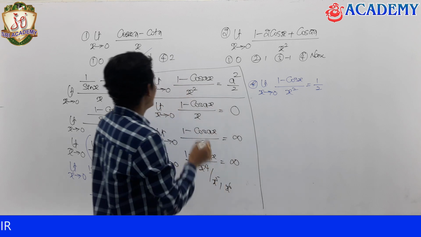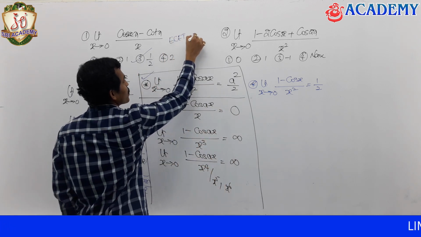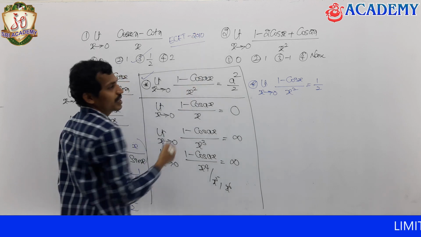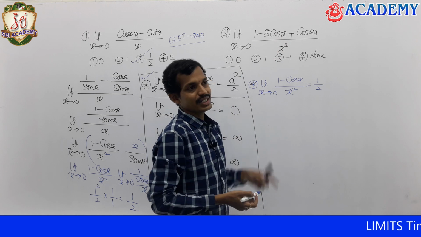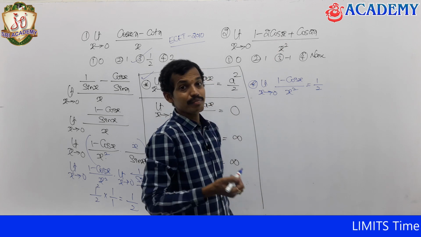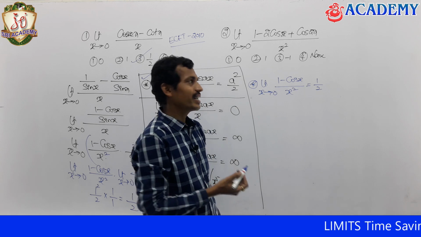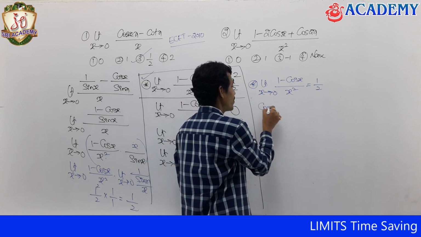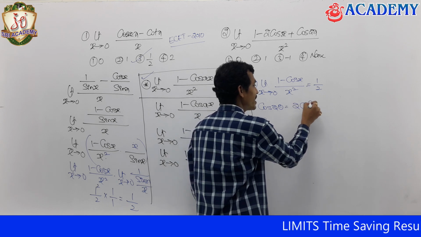Actually this is an ESET competitive exam question that came in 2010. Not only in 2010, in 2017 also you got it. Limit x tends to 0 of (1 minus 2 cos x plus cos 2x) divided by x square. What I am doing is, in the numerator, there is the trigonometry formula cos 2 theta equals 2 cos square theta minus 1.